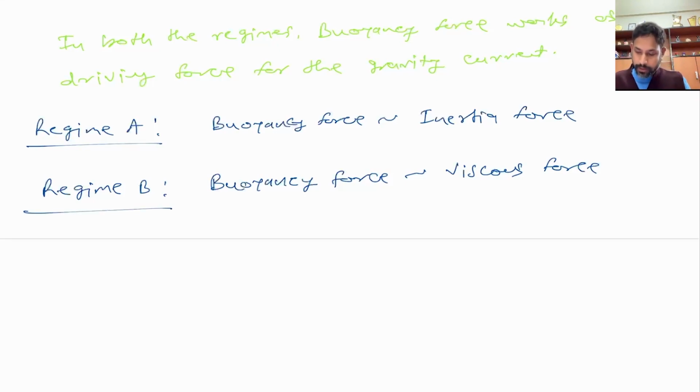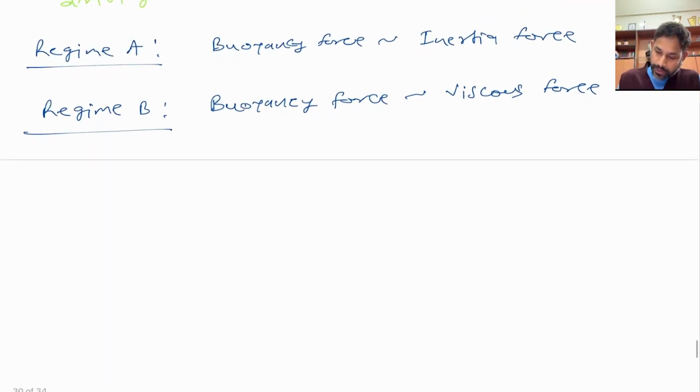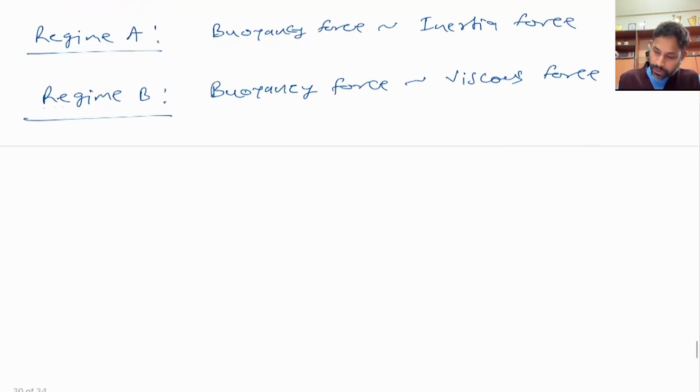Okay, so this is what we know. In the early time inertia force is important, in late time viscous forces are important, but buoyancy force remains important throughout the flow, in the beginning as well as at late times, because the gravity current is flowing only because of the buoyancy force. Okay, so now we have to find these three forces, and we have to balance each other for regime A and regime B separately. So to find these forces, we will start with the Navier-Stokes equation.